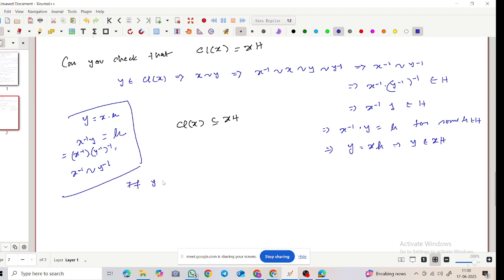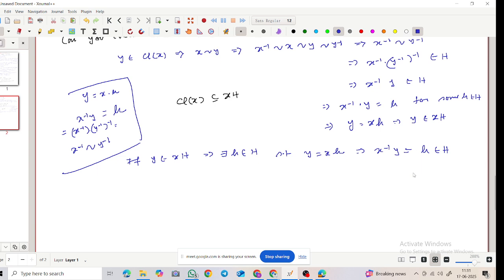If y belongs to xH, then there exists h belonging to capital H such that y equals x times h, which means x inverse y equals h belonging to H. Just as before, x inverse is related to y inverse.